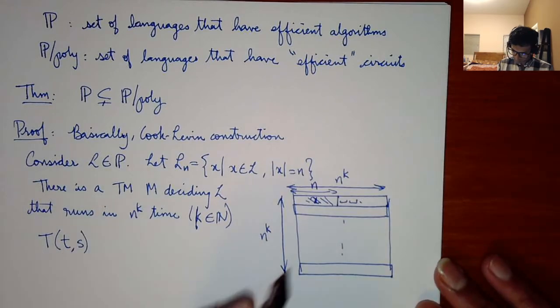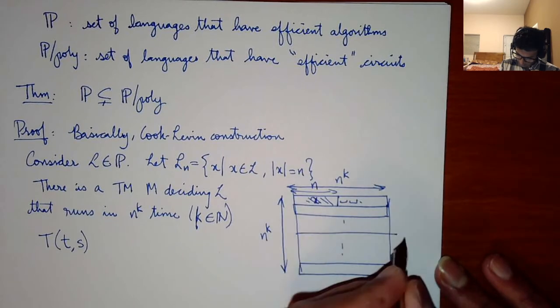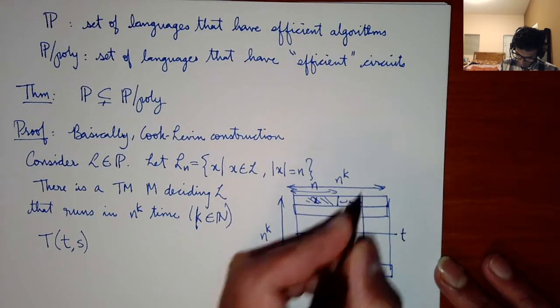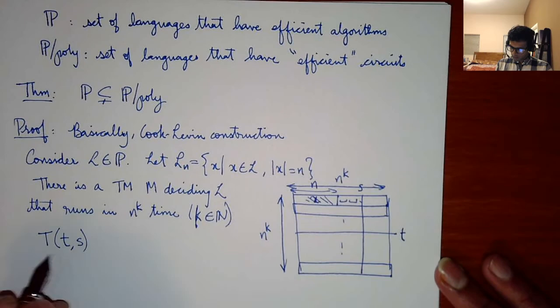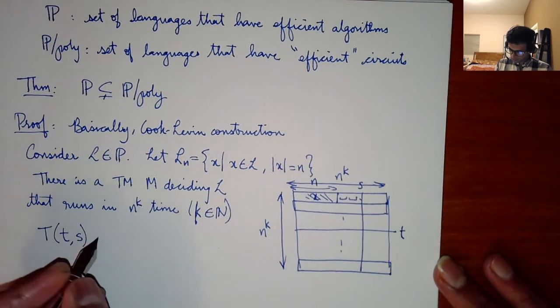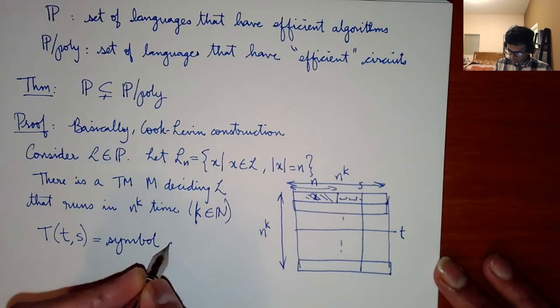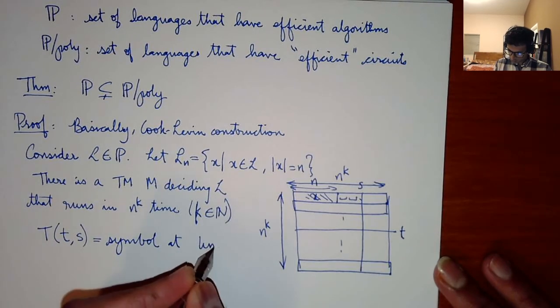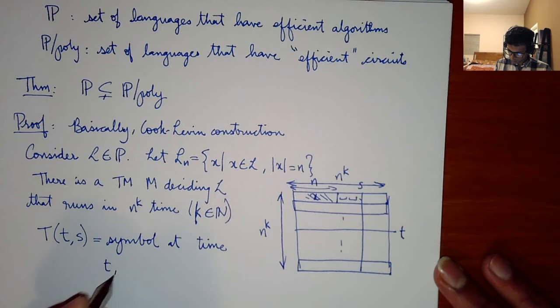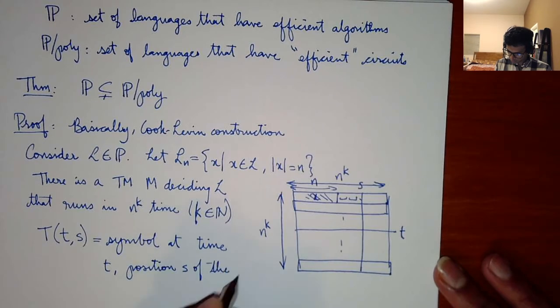And if we look at the Tableau, let T of t, s, where I'm looking at time step t and the sth position, be basically the symbol at time t and position s of the configuration.